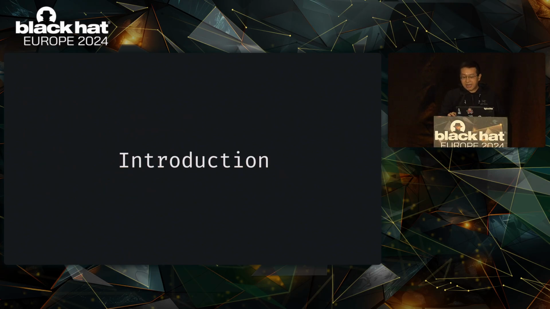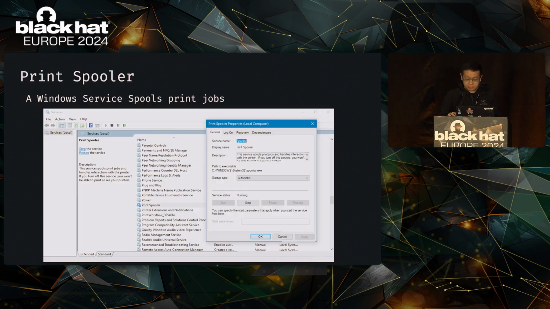First, the introduction. In this section, I will give an introduction to the print Spooler service and its vulnerabilities in the past. So what is a Spooler? Spooler is actually a Windows service.